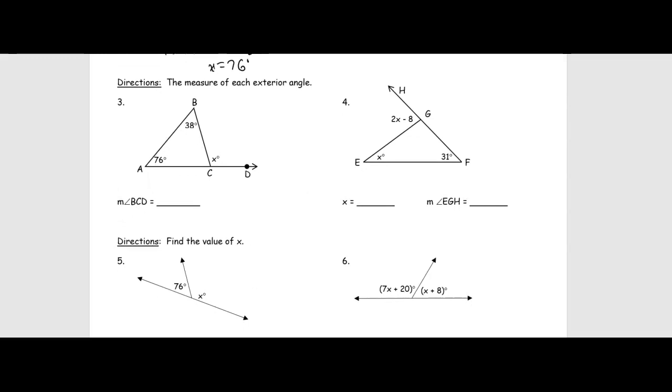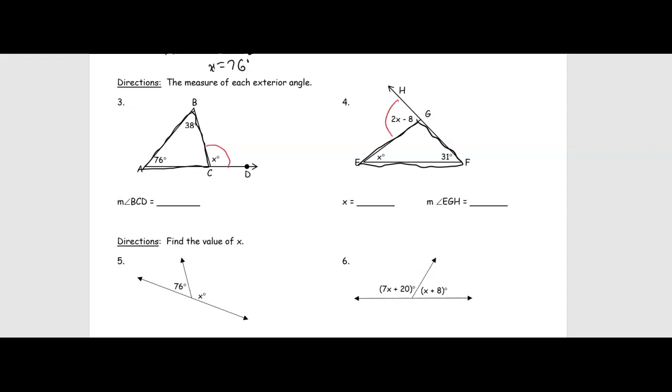3 and 4 deal with the idea of exterior angles of a triangle. I'm actually going to do 4, because as I get ready to do these, you'll see 4 are the ones that are a little bit harder, involve a little bit more work. But this is our triangle, and if you look, the angle here is your exterior angle. It's outside of the triangle. So same here. Here's our triangle.